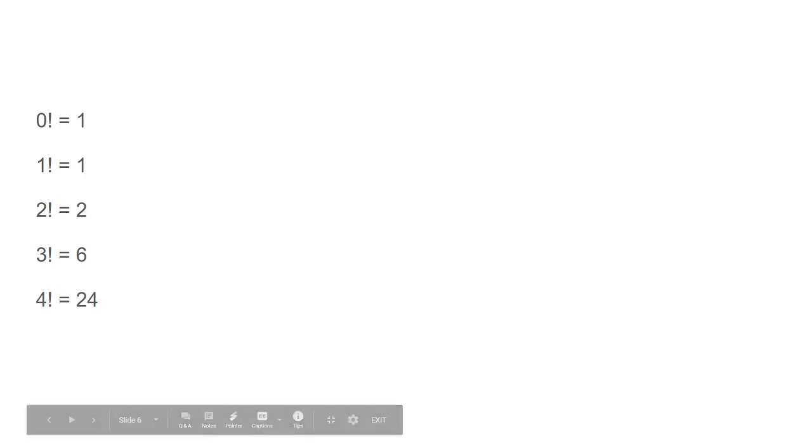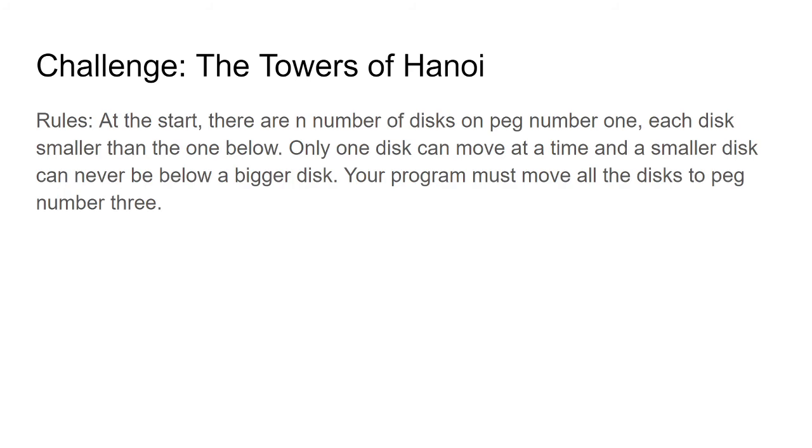This is one of my favorite challenges with recursion, and it should be pretty simple, but it is with the Towers of Hanoi, and the rules are at the start there are n number of disks on peg number 1, and there are exactly 3 pegs, and each disk should be smaller than the one below it, so it progressively gets smaller as you go up.